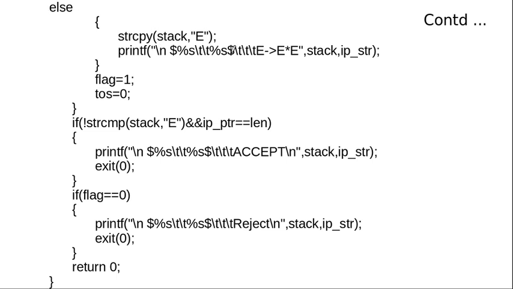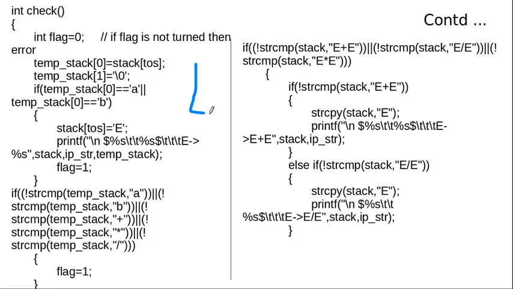So else I'm verifying. Directly E star E can be reduced to E. And clearly observe, when I am taking the action of reducing, my flag value is 1. Also, if you clearly observe, I reduce the entire stack content. When I am reducing the entire stack content, I don't know whether all my input symbols are verified or not. Maybe some more input symbols are still to be verified.